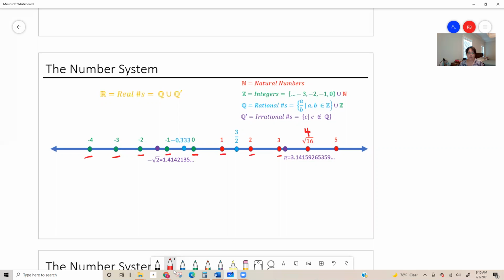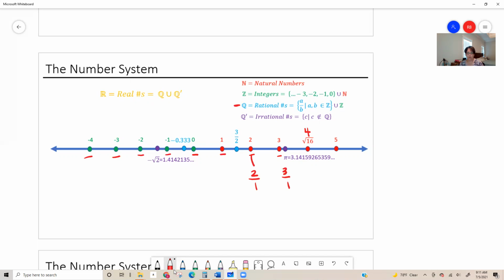Then you have the rational numbers. Rational numbers are any numbers that can be put into fraction form. So remember that all of these natural numbers can be put into fraction form, like 2 over 1, 3 over 1. That's why the natural numbers are also rational numbers, as well as the integers.